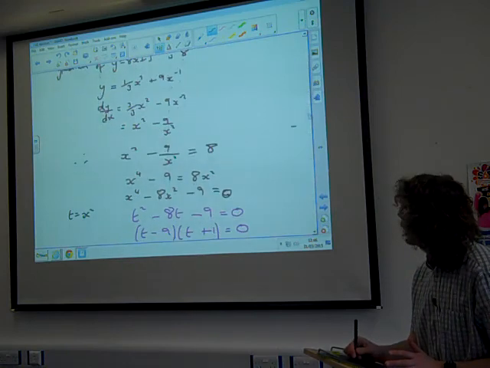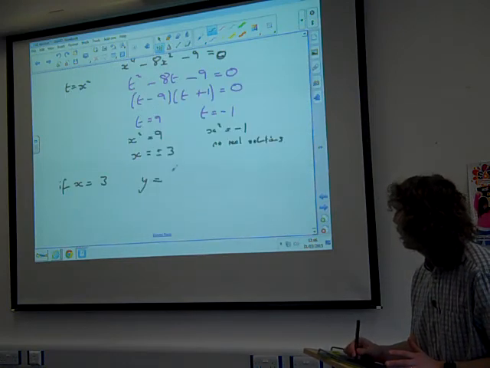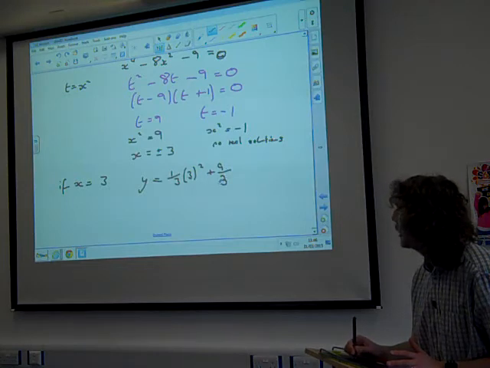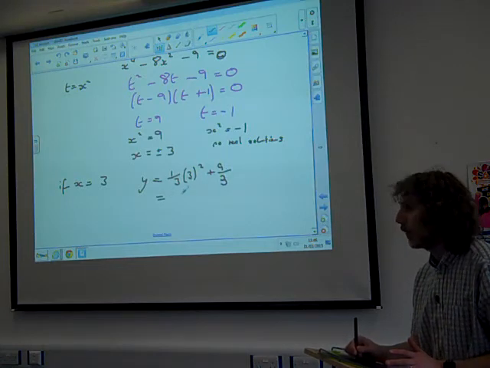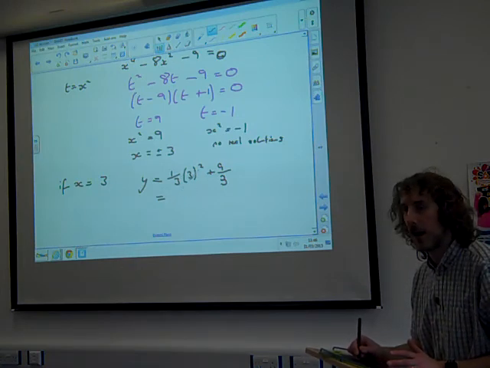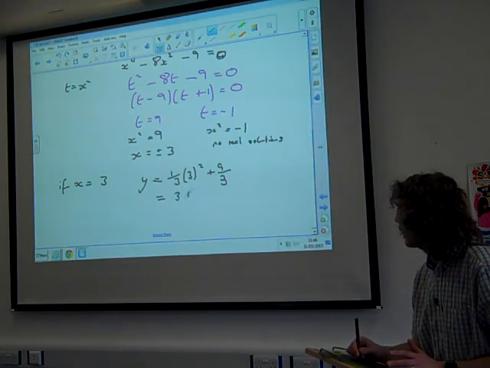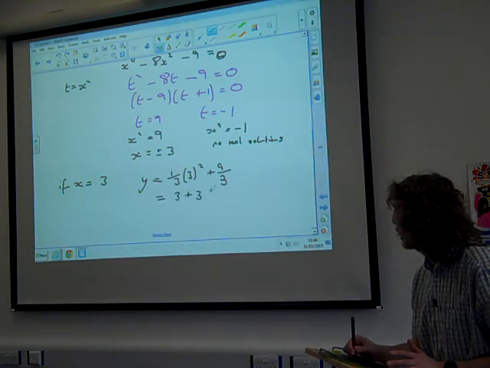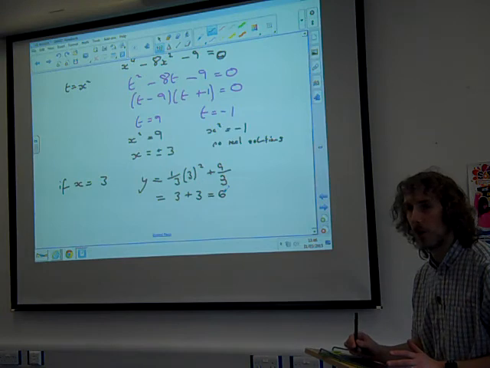A third x cubed plus 9 over x. So a third x cubed plus 9 over 3, which gives us a third of 3 squared would be 3. 9 over 3 would also be 3.